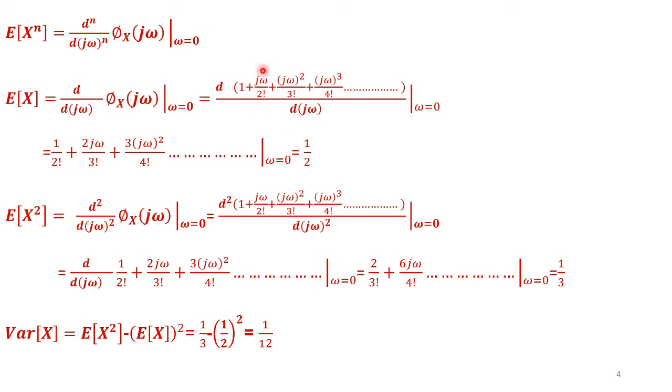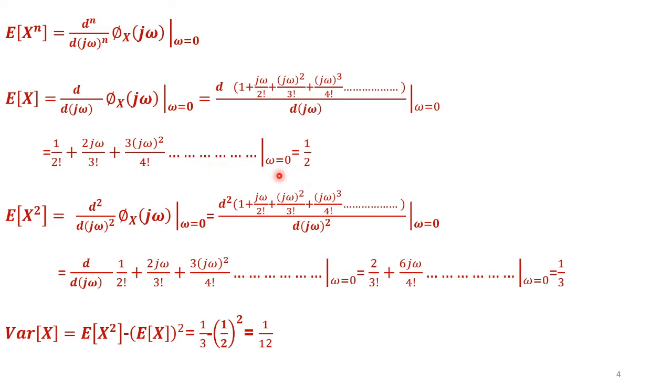Differentiating 1 plus j omega by 2 factorial plus j omega squared by 3 factorial and so on with respect to j omega gives 1 divided by 2 factorial plus 2 j omega by 3 factorial plus 3 j omega whole squared divided by 4 factorial, and so on.